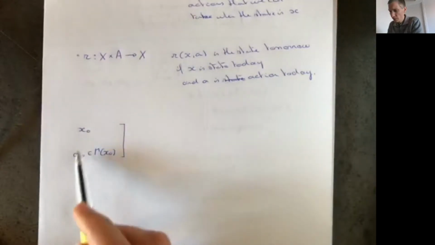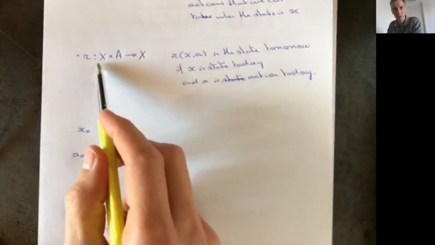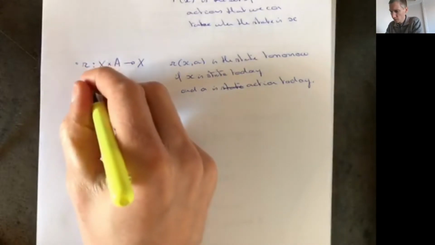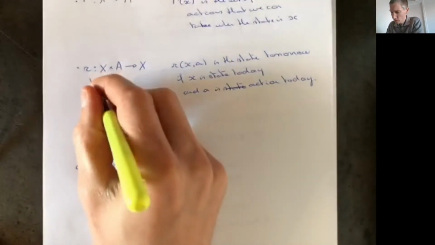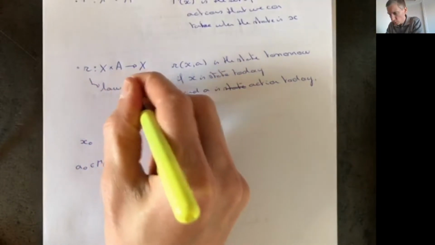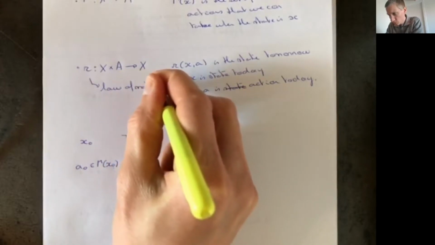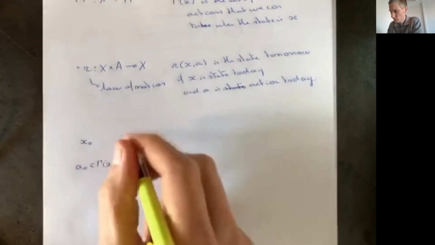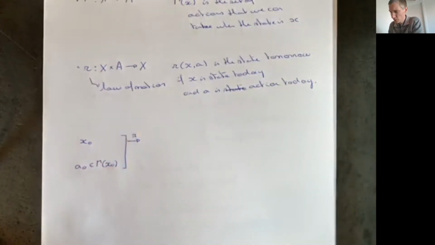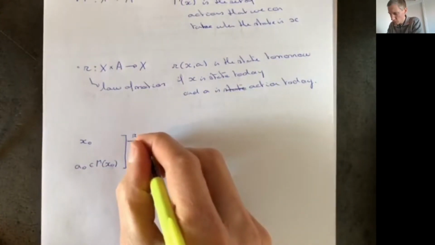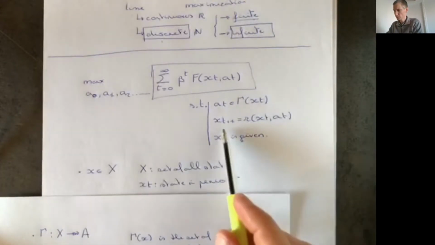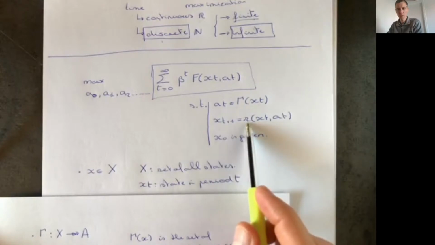And then if I have the state and this action, this R function, R is also called the law of motion. Okay, sometimes you see this kind of name. Then my R function is going to determine the state tomorrow, right? This is going to determine x1, because x1 is equal to R(x0, A0).